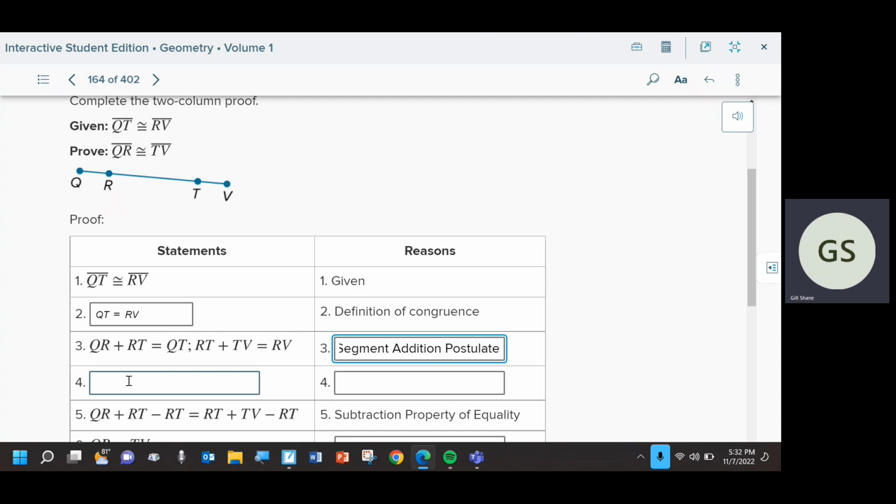So what I suggested, what I would do is I would actually look at the next step and I would work backwards. If I'm going from step 4 to step 5, let's assume that that's what we're doing. We're going from 4 to 5, that this is not just it all by itself, some theorem or postulate that they're just adding in like they did in line 3. Let's assume we're going from 4 to 5 in this case.